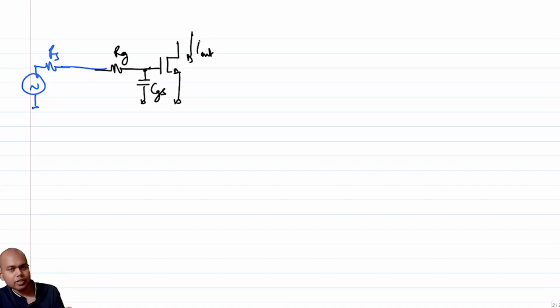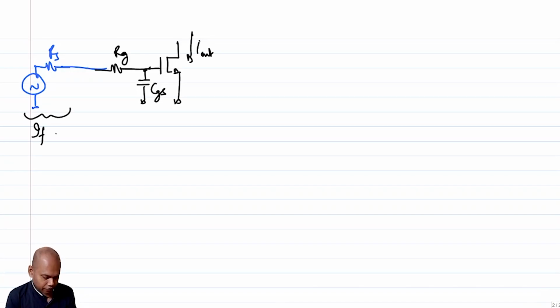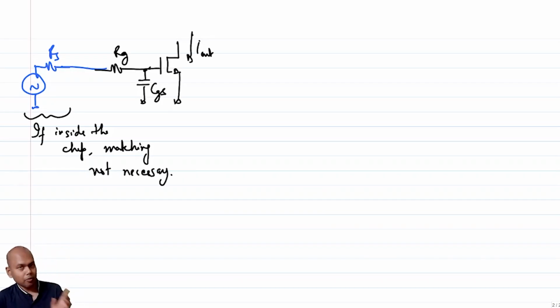If this is inside the chip, then matching is not necessary. This is true only for RF frequencies, not millimeter wave frequencies, by the way, so you should keep that in mind.